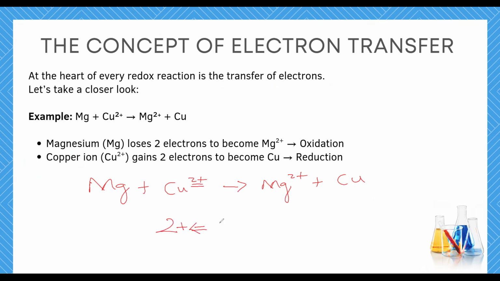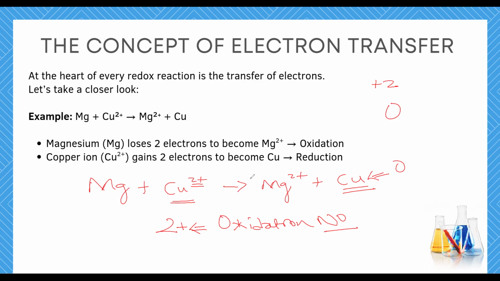This 2 plus is the oxidation number of copper over here. What it is simply telling you is that the oxidation number of copper is plus 2, or it had lost 2 electrons. And over here on the right hand side, you can see copper. The oxidation number is not shown, or it is 0. So it is simply telling you that the oxidation number of copper over here is 0. So that is what oxidation number is.